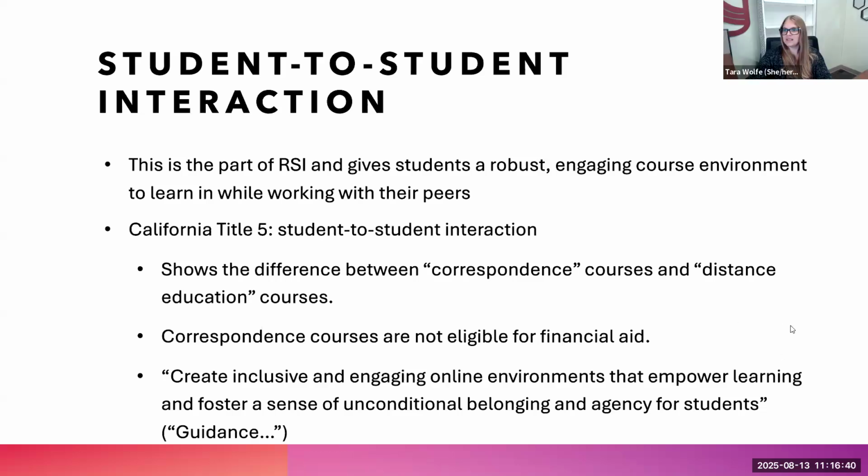All right. So let's keep going forward with our student-to-student interaction. So Tara, sorry, I had my hand up for a second. I forward my Canvas inbox mail to my regular Sierra email, and when I reply, I cannot find anything in my Canvas inbox.